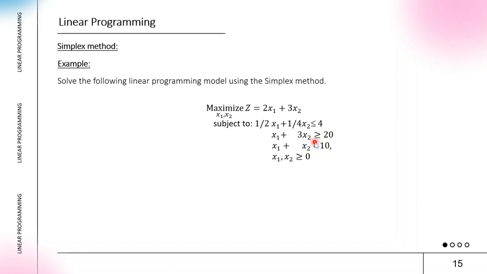This problem, as I said, has three different types of constraints. Because the second and third constraints cannot be converted to the standard form using only slack variables, we will employ the big M method, which introduces artificial variables with a large penalty M in the objective function equation.